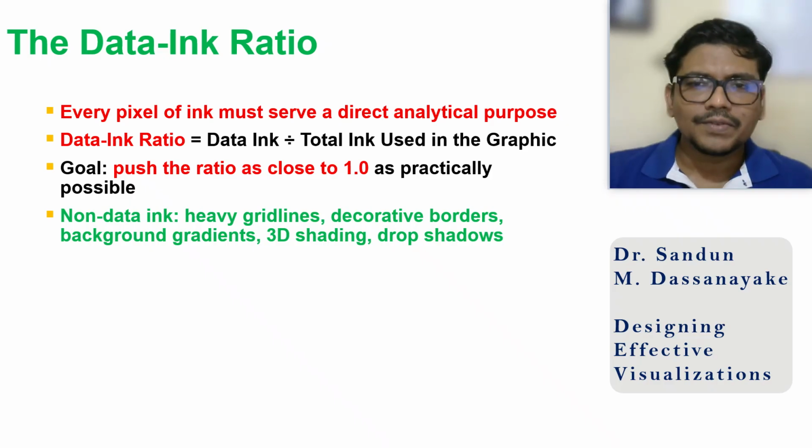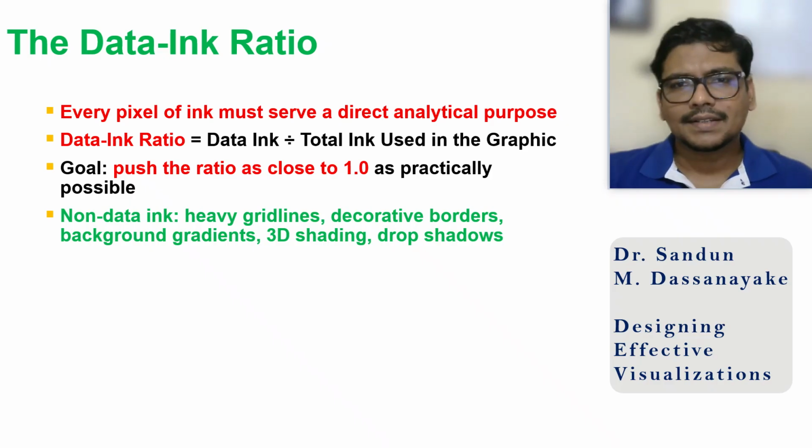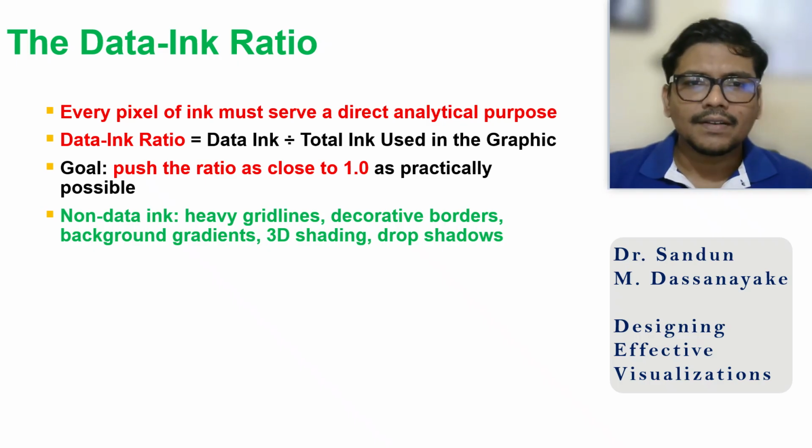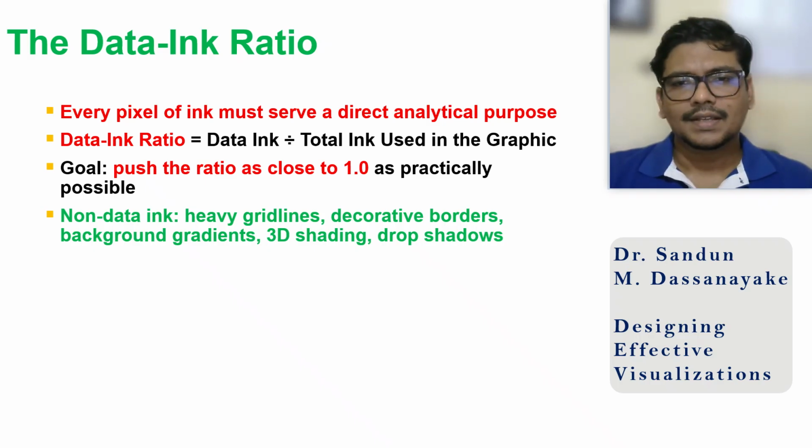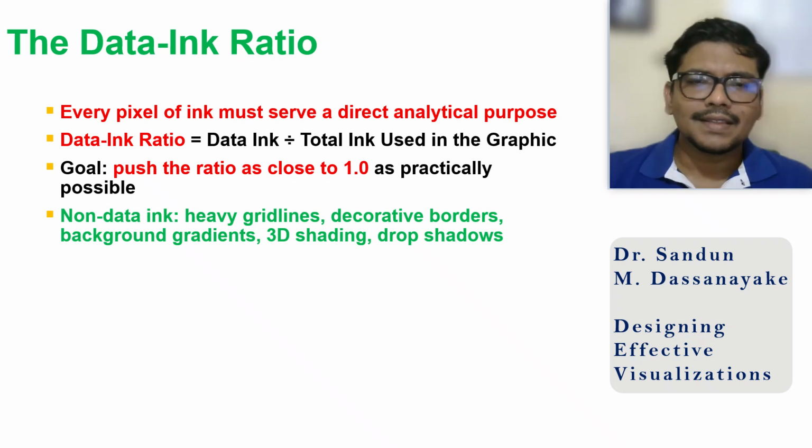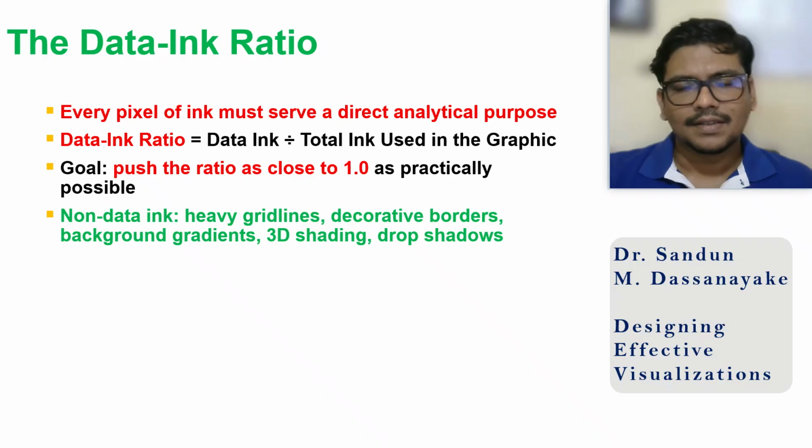Let's explore one of Tufte's most practical ideas: the data ink ratio. Think of every pixel on your screen as a tiny ink drop. Now ask yourself, does each ink drop directly show data, or is it just there for decoration? The data ink ratio helps to answer this.